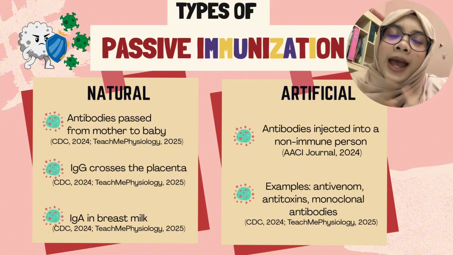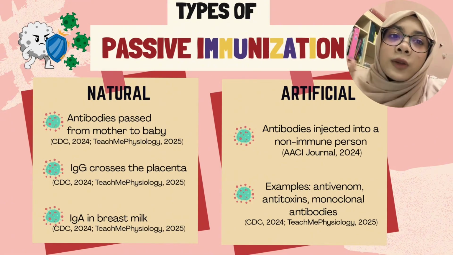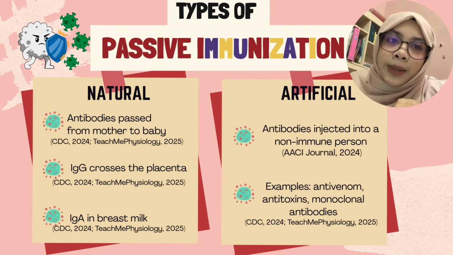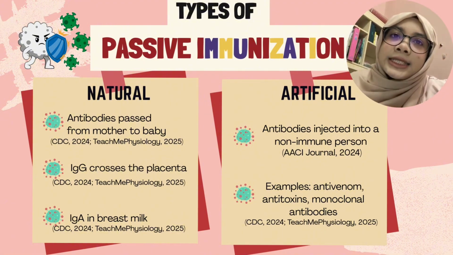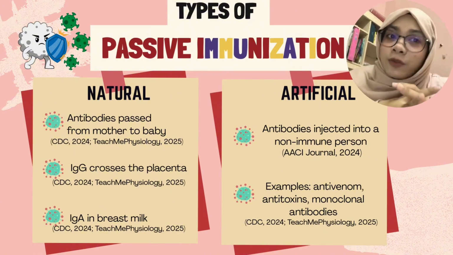For natural passive immunity, it happens when antibodies are transferred from a mother to a baby. Let me explain briefly how this antibody transfer process happens. First of all, IgG antibodies will cross the placenta before birth and will protect the fetus.